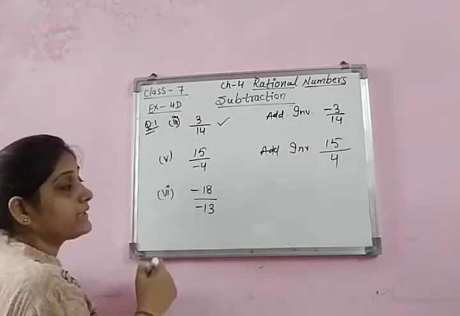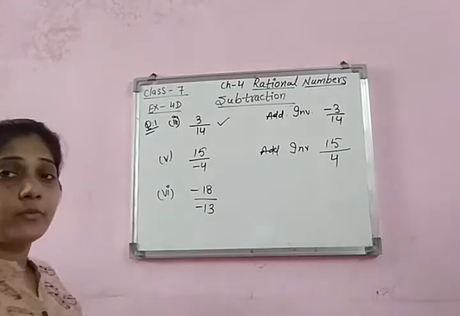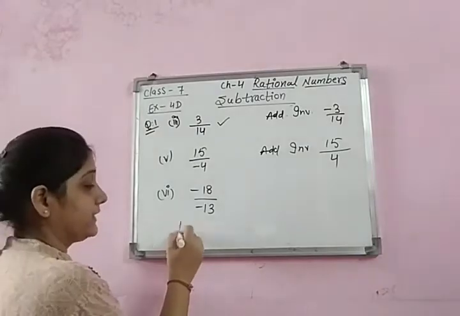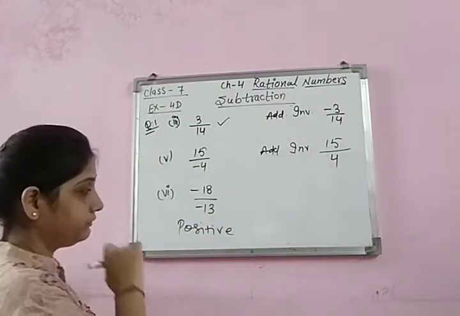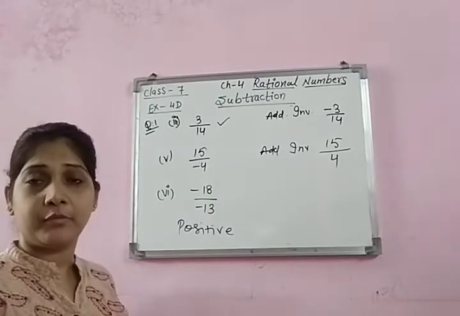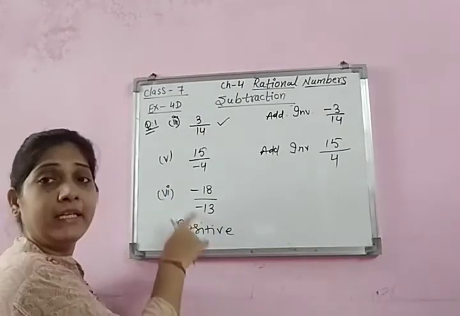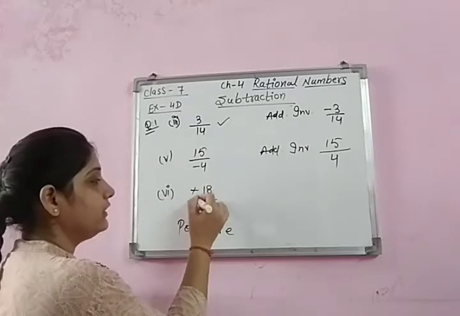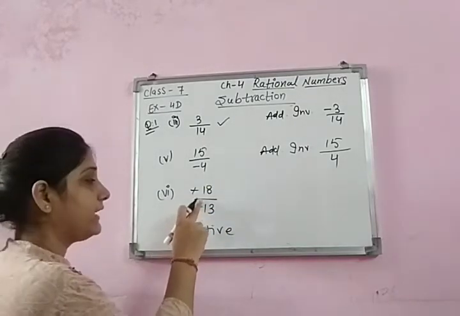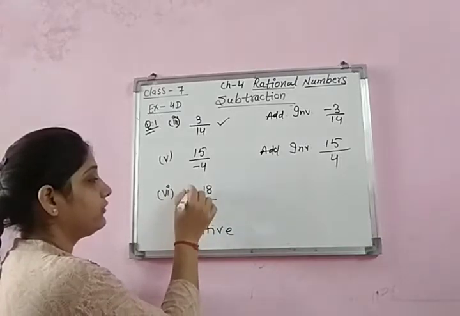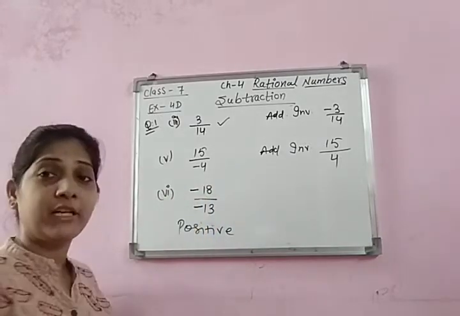Now what about this, children? Is this negative or positive? Yes, it is a positive rational number, because everyone knows how to make the denominator positive. If both the signs are the same, it is positive. Actually I am crossing the negative sign, but it is not cut like that; in mind you have to cancel out, because minus minus will become plus.